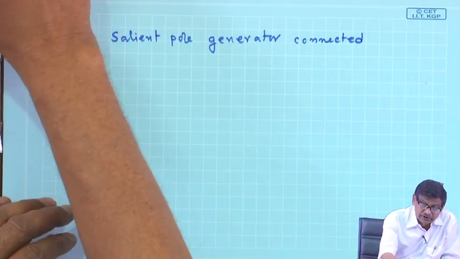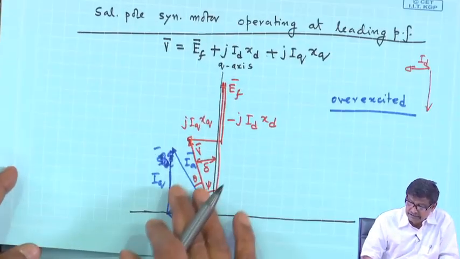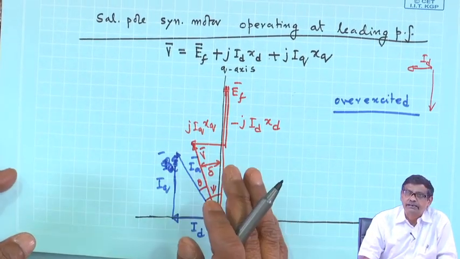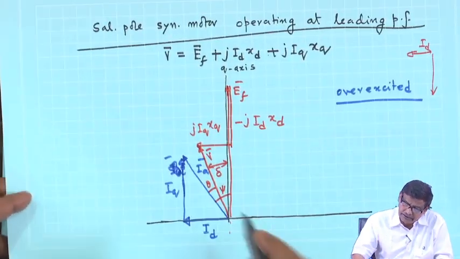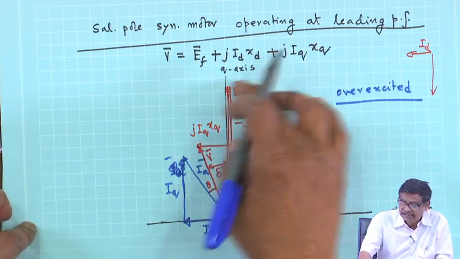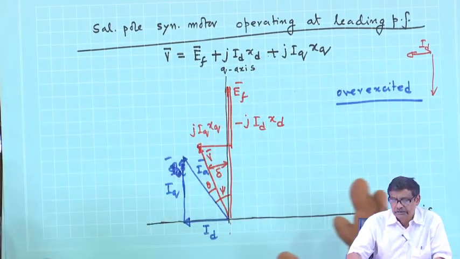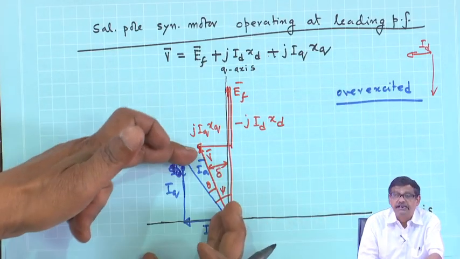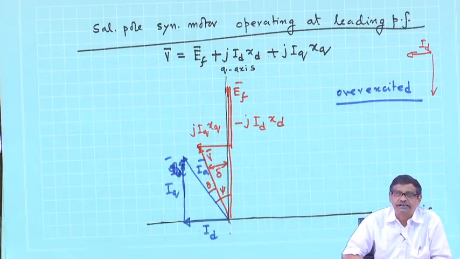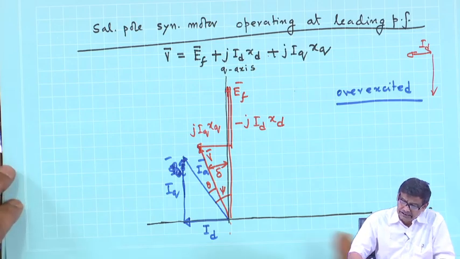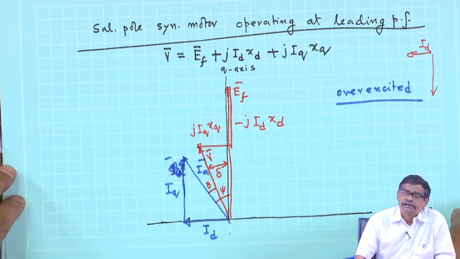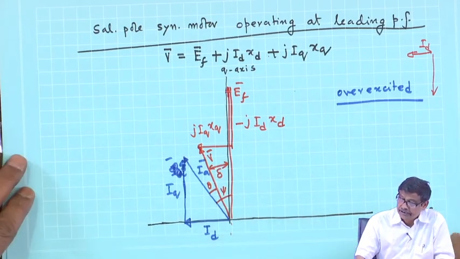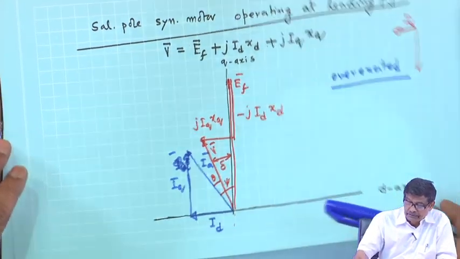Although it does not mean that if it is in isolated operation, this phasor diagram is wrong. It is not like that, because if it is connected to bus, the length of V in this phasor diagram gets fixed. The lengths of the other phasors may change, but the length of V will remain the same. Otherwise, it is also true for isolated operation of the generator. This phasor diagram is true. This you must understand.